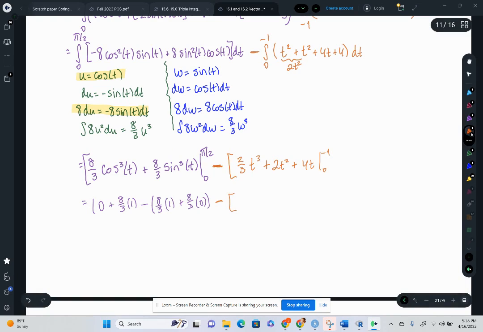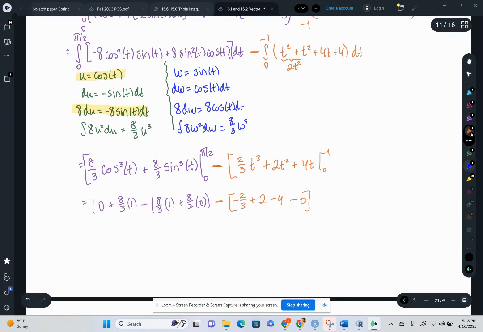Minus, all right, 2/3 times negative 1 cubed. The negative 1 cubed will be negative, so I'll get negative 2/3. Plus 2 times the negative 1 squared is just plus 2. Plus 4 times negative 1, that'll be minus 4. And then the contribution from 0 is just 0.